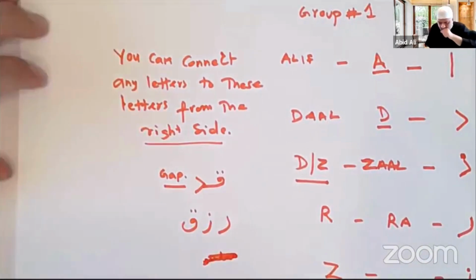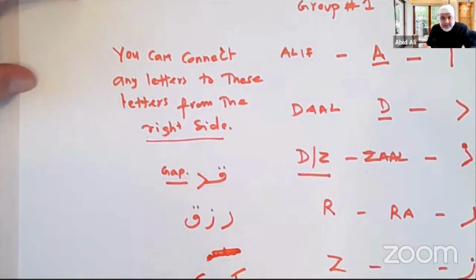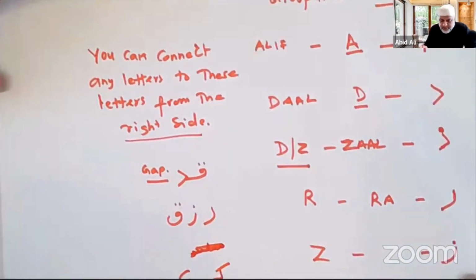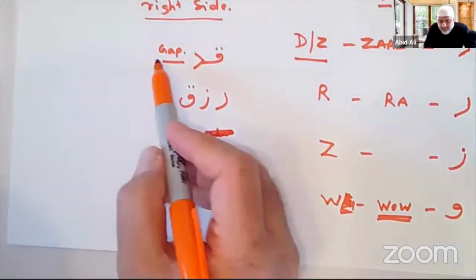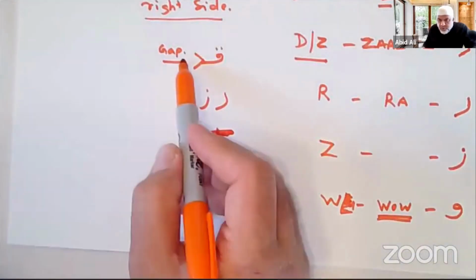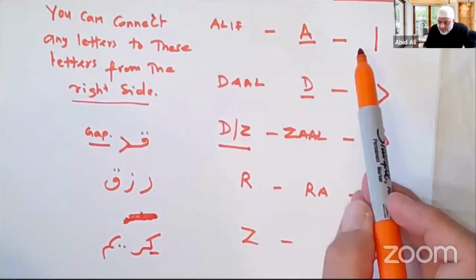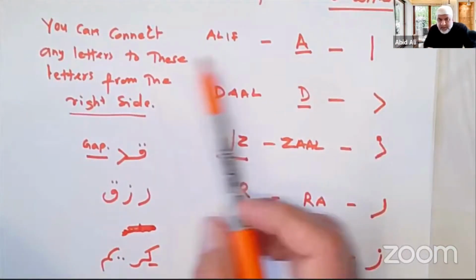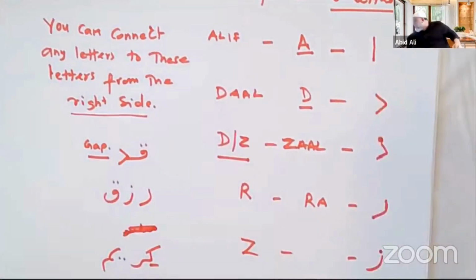Kareem. I could attach the letter from the right, but from the left there is always going to be a gap between the two letters. All this group of letters you saw here, if you try to connect something from the left side, you would always find a gap in between. You cannot just connect it to them. Is that clear?